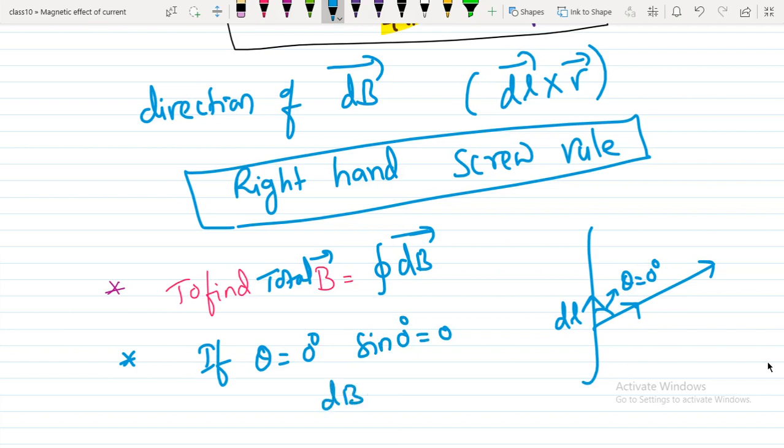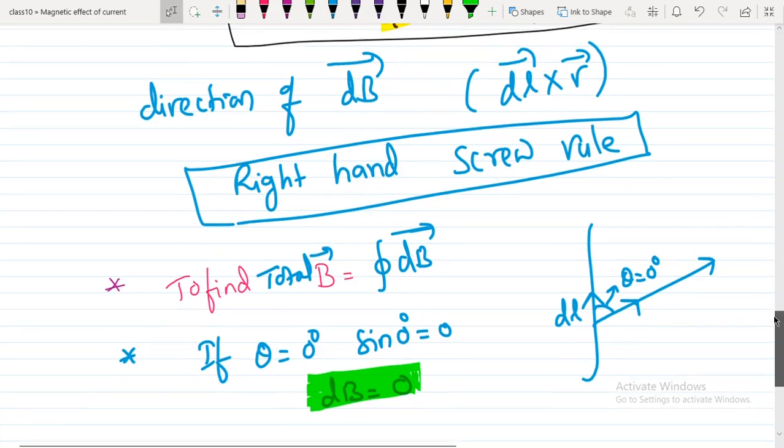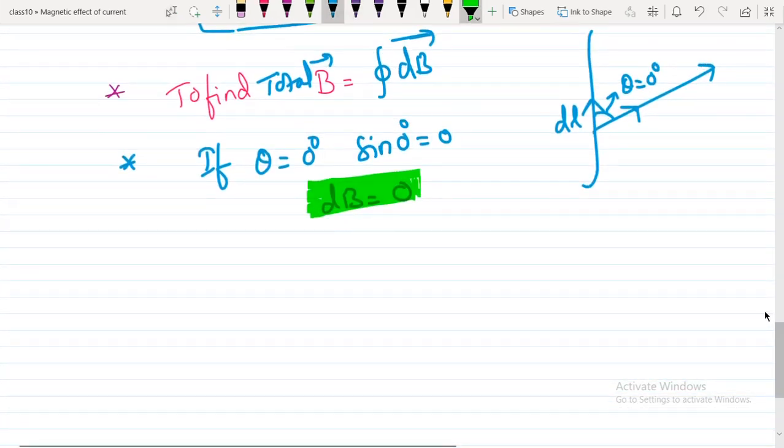Therefore the magnetic field in that particular case goes to 0, which is the minimum. The angle between the elemental length and the position vector, where we need to find it, is 0. Now this is the minimum position.